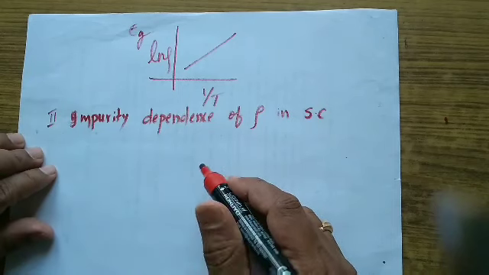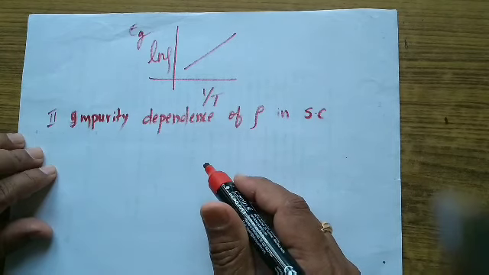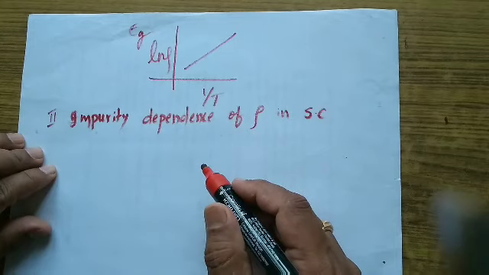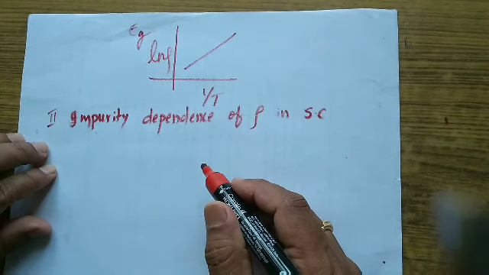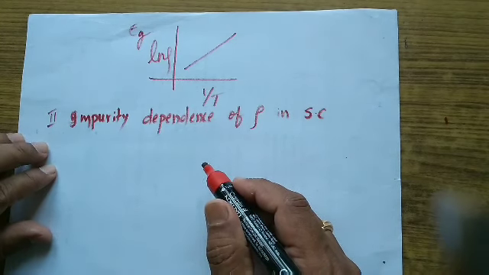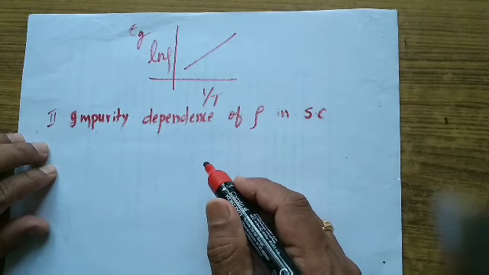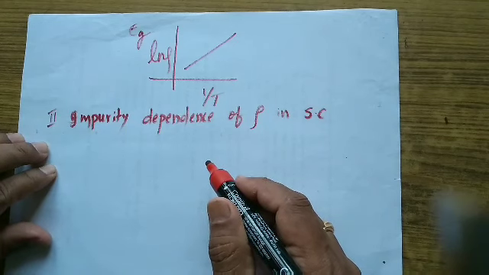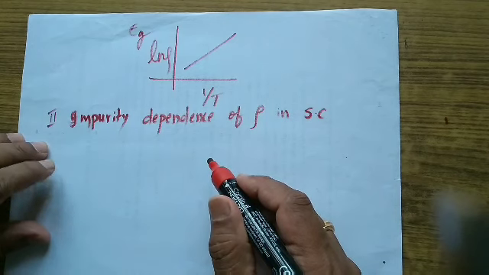For example, boron will be added to silicon in order to increase its electrical conductivity. If just 10 parts per million of boron are added to the silicon, its electrical conductivity will be increased by several thousand times. That is the purpose.